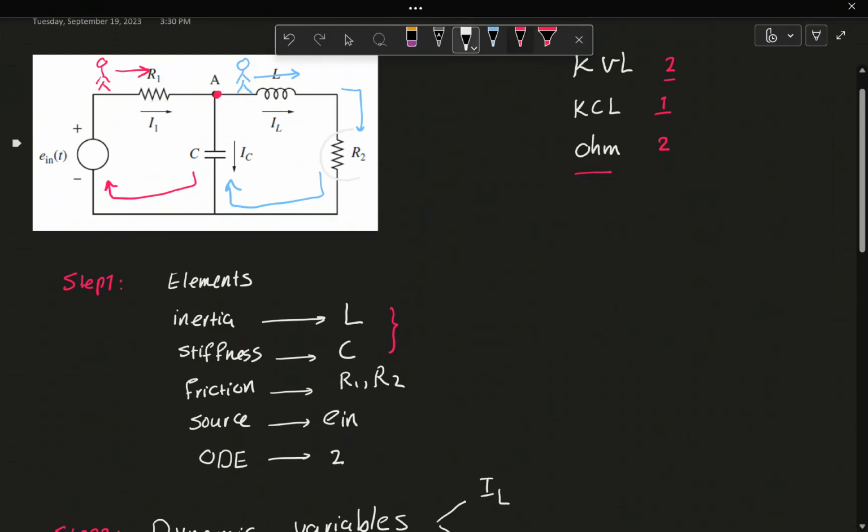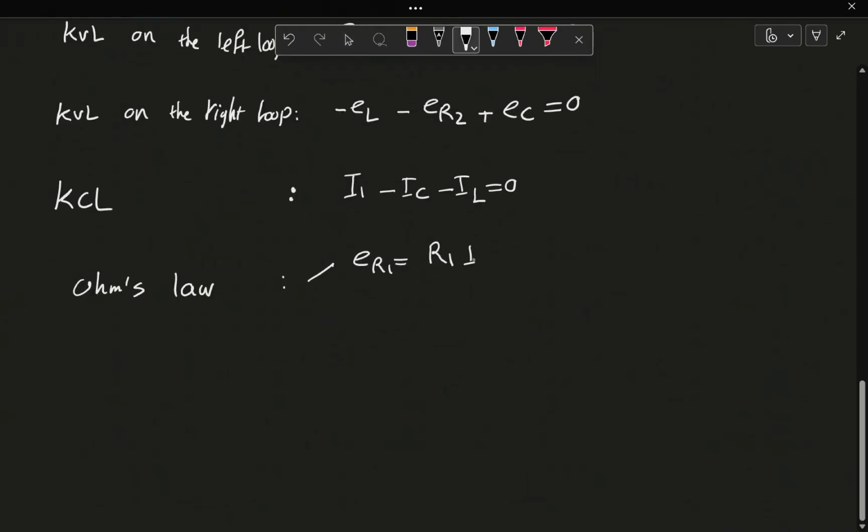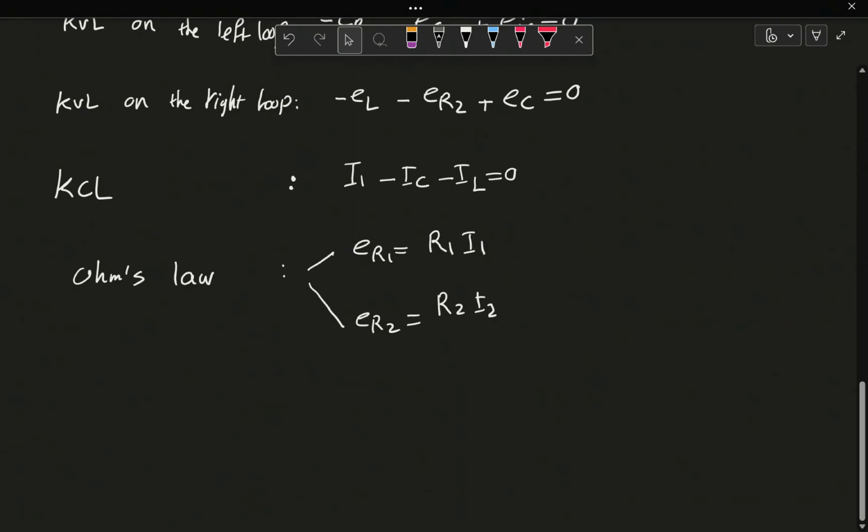Similarly, the current that passes through R2 is IL, the same current that passes through the inductor, since these two are in series. So it's going to be R1, I1, and also here ER2 equal to R2, IL. Good? Nice.